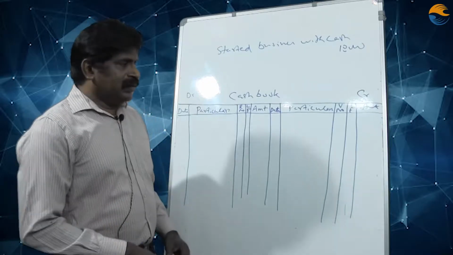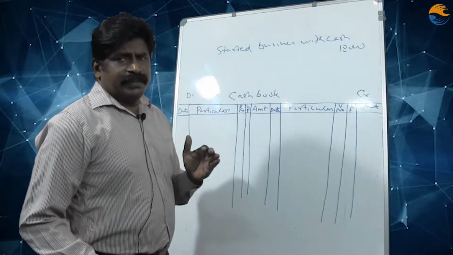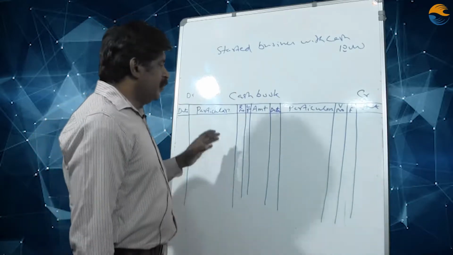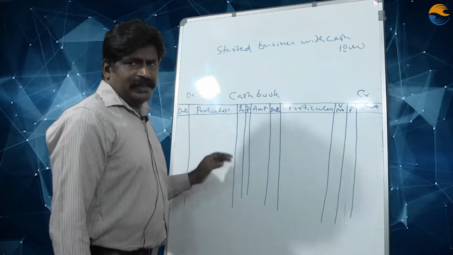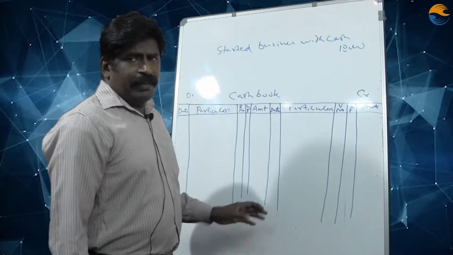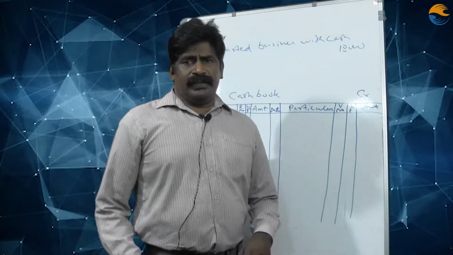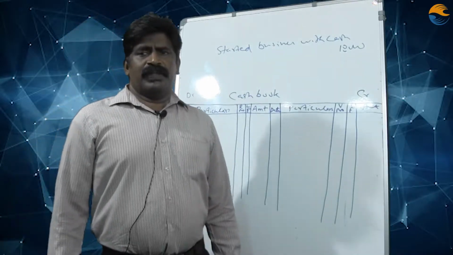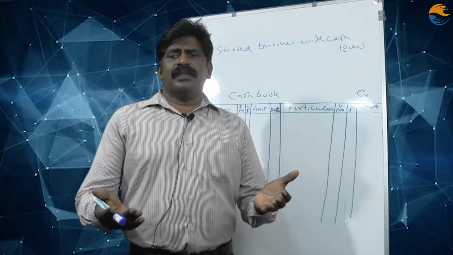The principle is all receipts, all income, should be posted on the debit side, and all payments should be posted on the credit side. In this transaction, when we start business with the cash, the business receives cash.